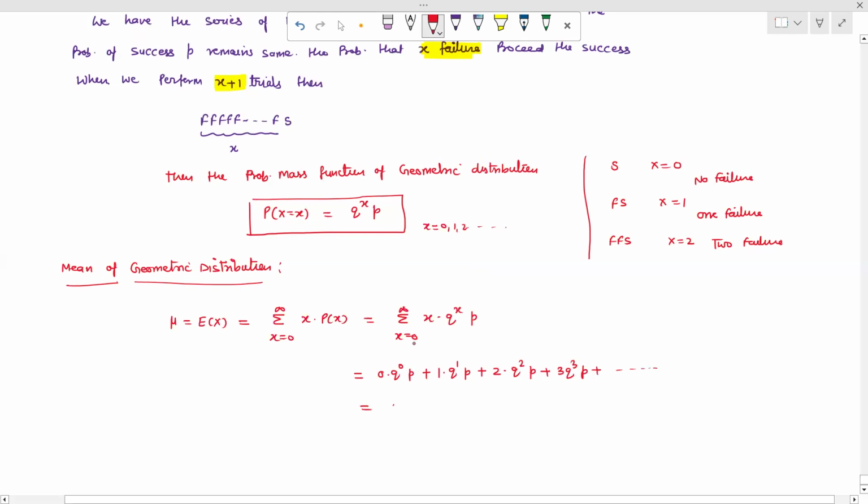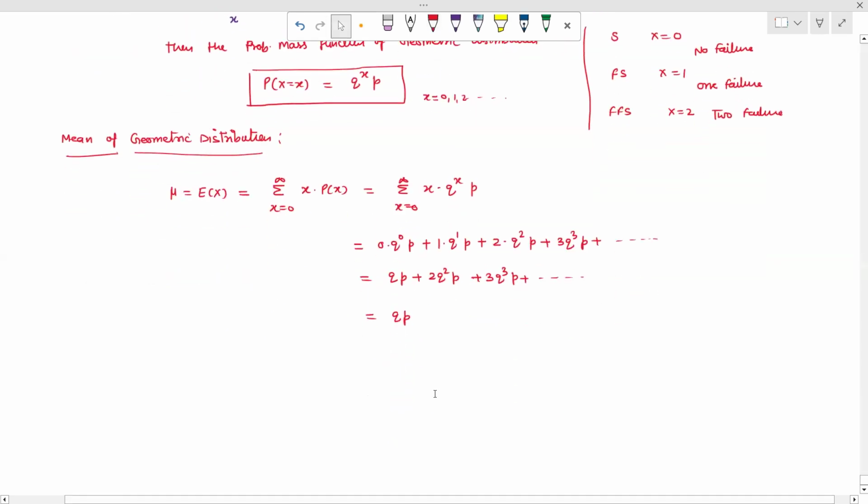So we write this as qp plus 2 q square p plus 3 q cube p, and so on. Here we take qp as common. So this term can be written as 1 plus 2q plus 3q square, next term 4q cube, and so on. So this is the value of mean mu.